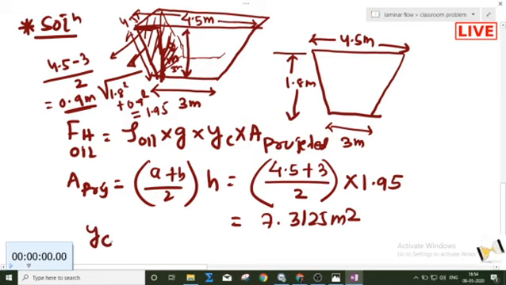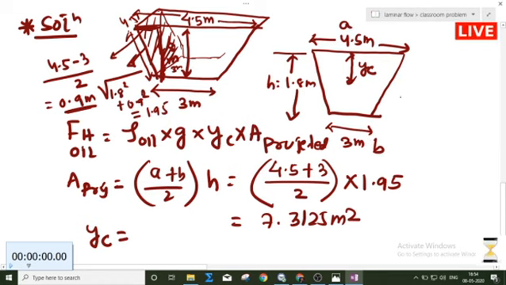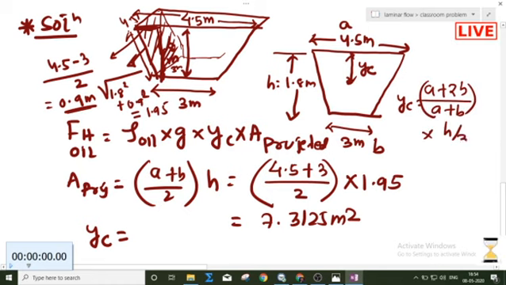Now we have to find this yc. What is this yc? It is measured perpendicularly from the free surface. Suppose this is my a, this is my b and this is my h. For the trapezoid centroid, you are measuring from the a side, so it is (a plus 2b) divided by (a plus b), into h by 3.